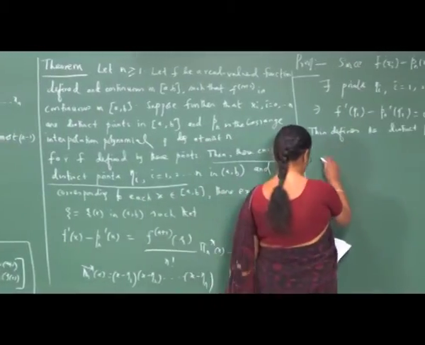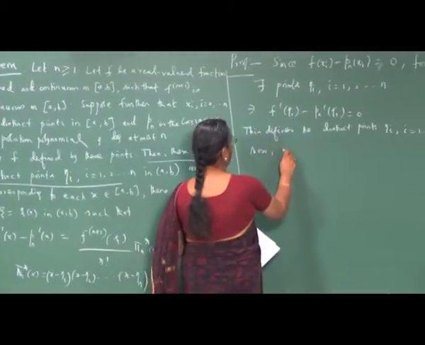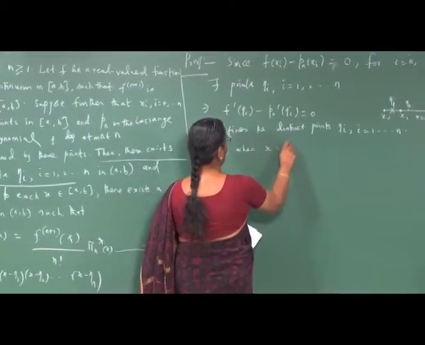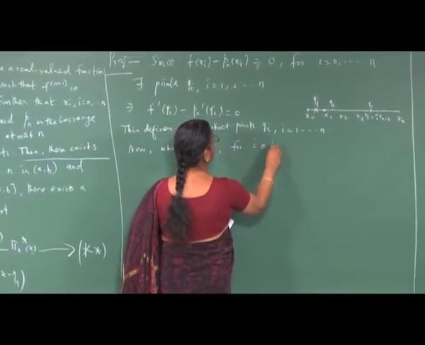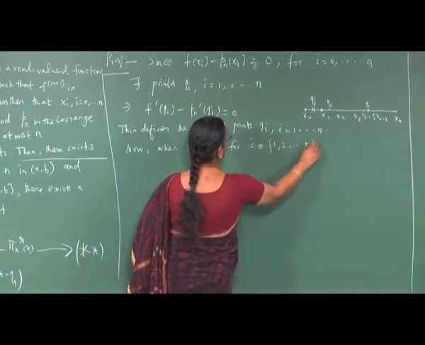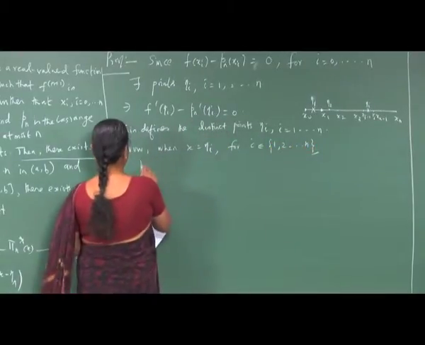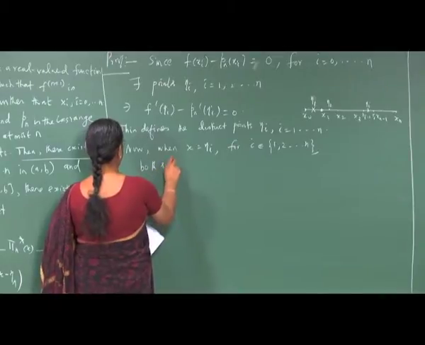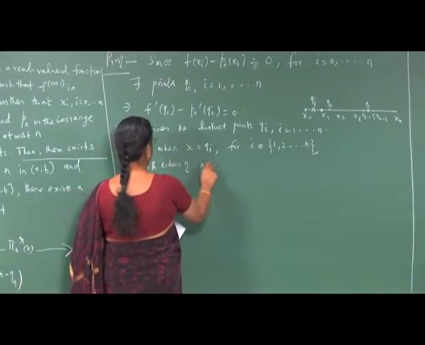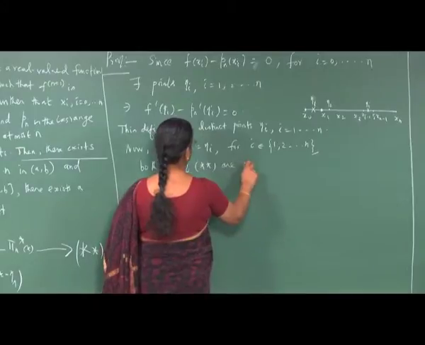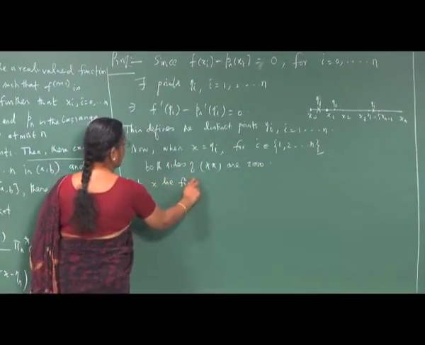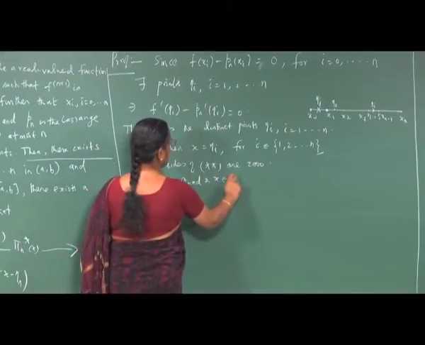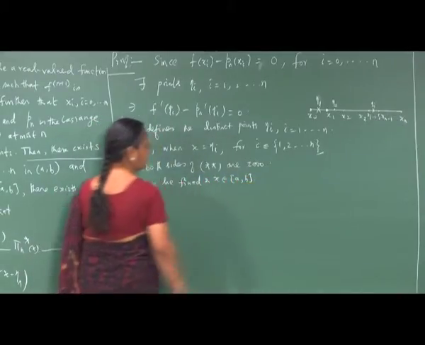So, let us write down this result. Now when x is equal to eta i for i belonging to the set 1, 2, 3 up to n, we observe that both sides of double star are 0. Let x be fixed and x belongs to the closed interval [a, b].